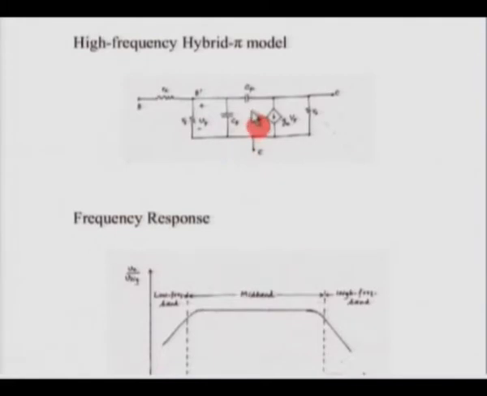So because of this negative voltage gain in a common emitter amplifier, the capacitor C mu gets multiplied by the voltage gain, and effectively you would have a huge capacitance sitting across the input side, which reduces the high frequency response.